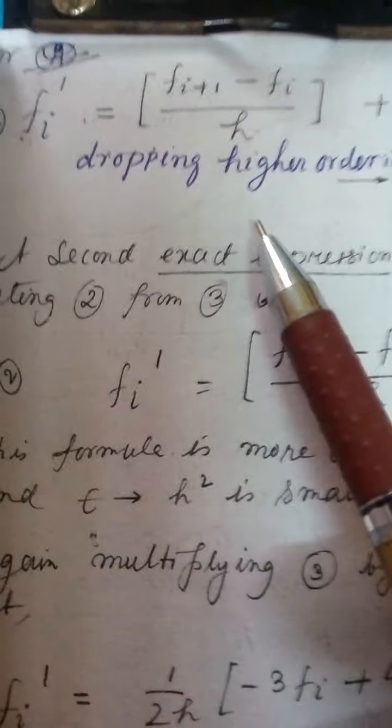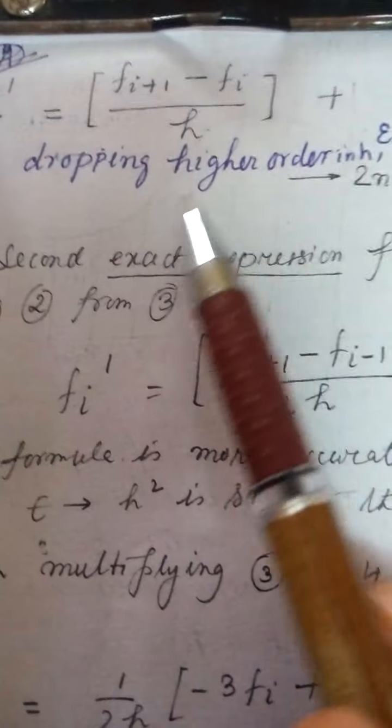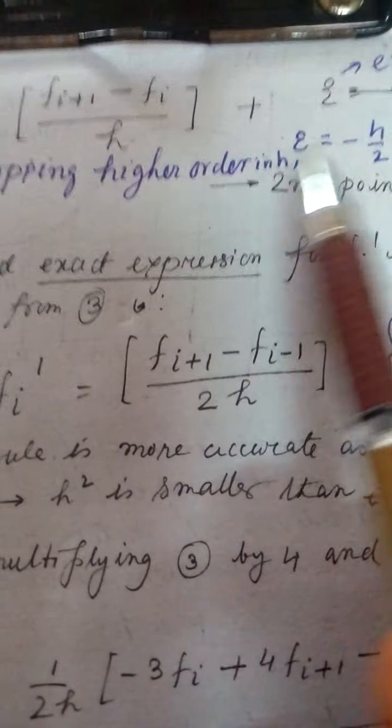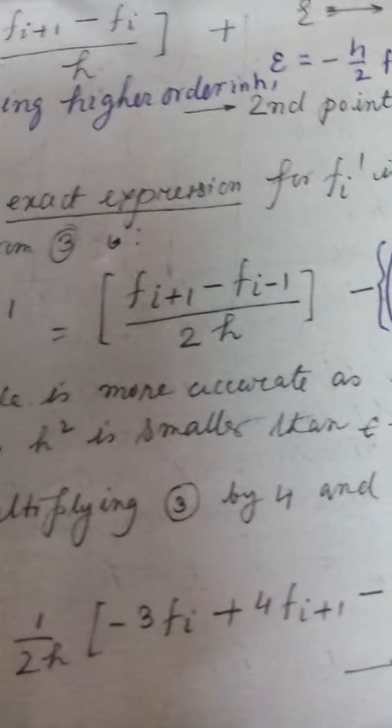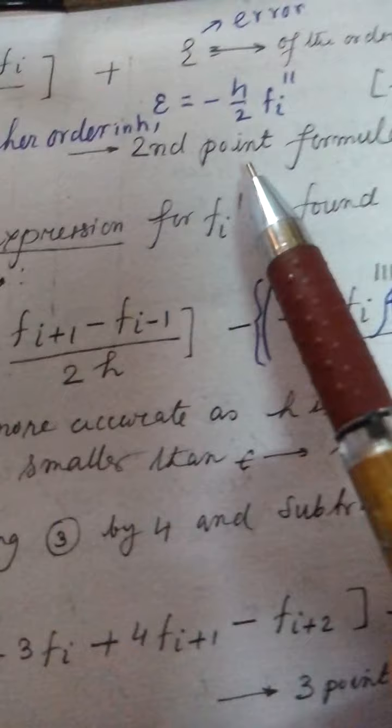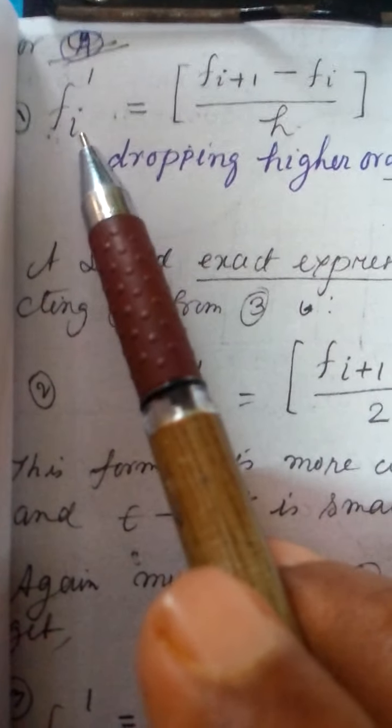Okay. Now if you drop this error, you will get this formula. So dropping the higher order terms, and the error is there. Higher order means higher order of h. Okay, so this is called the two point formula.